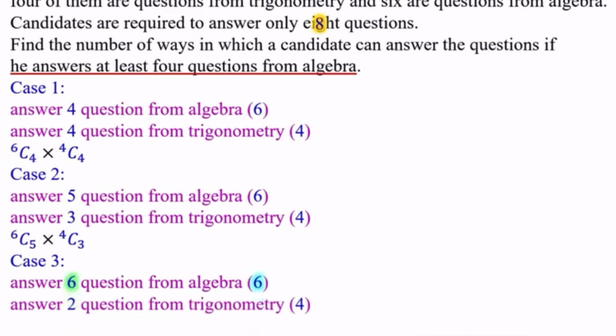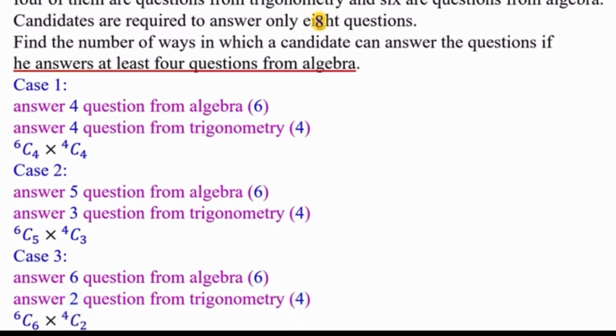So we have 6C6 times 4C2, right? This is also another possibility that fulfills the condition of at least 4 questions from algebra. It can be 4, 5, or 6 questions of algebra with the balance being trigonometry questions, and the total quantity must be 8.